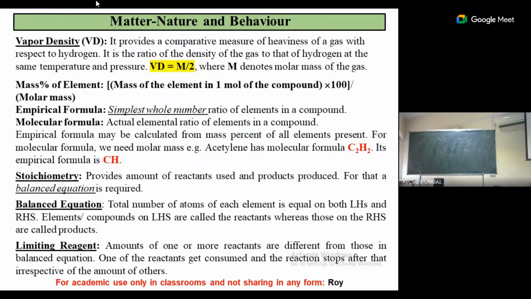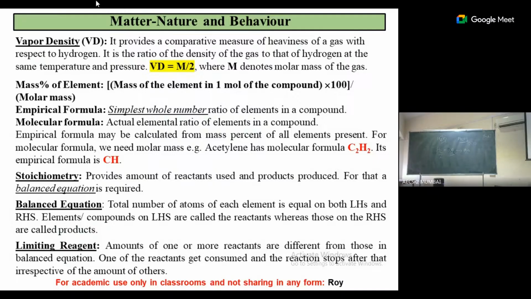So empirical formula may be calculated from the mass percent of elements present. For molecular formula, we need the actual molar mass. Acetylene, what is the molecular formula of acetylene? Correct. So what is the empirical formula? It is the simplest ratio of hydrogen and carbon.